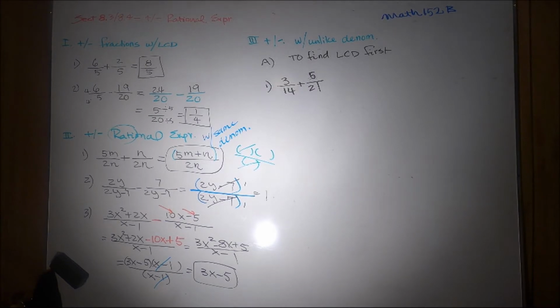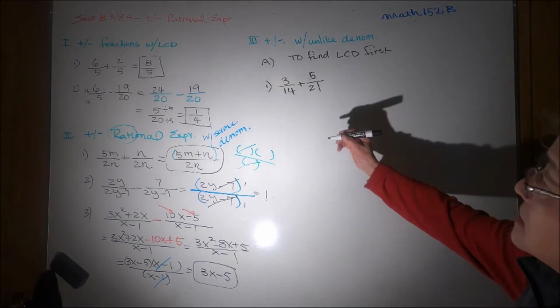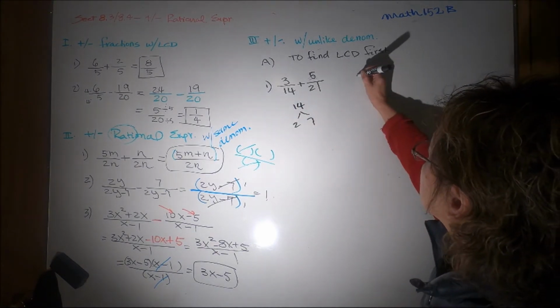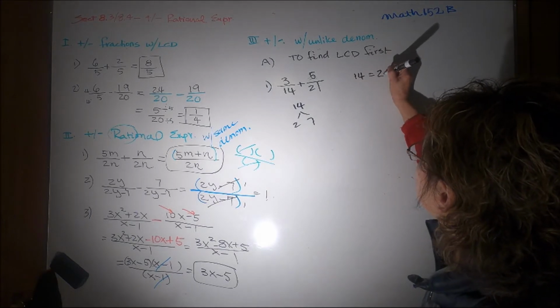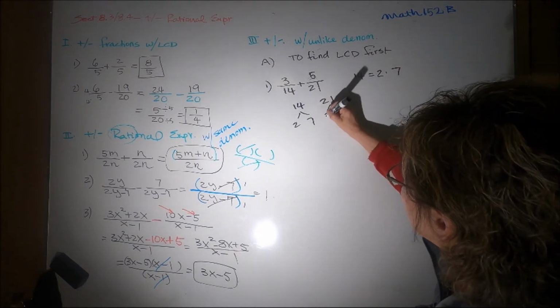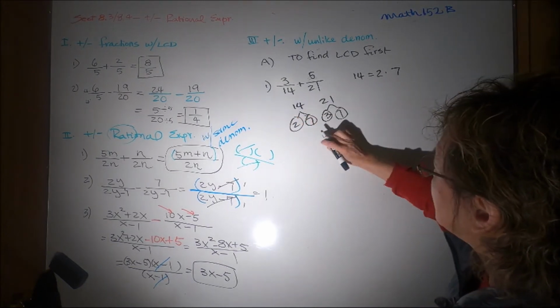Actually, we did this in 187 class, right? How do we do that? We do the trees, right? So you do 14, you break down 2 and 7. Then your 21 would be 3 and 7.